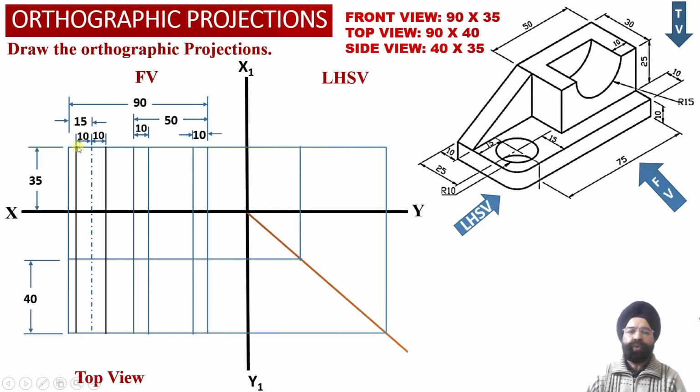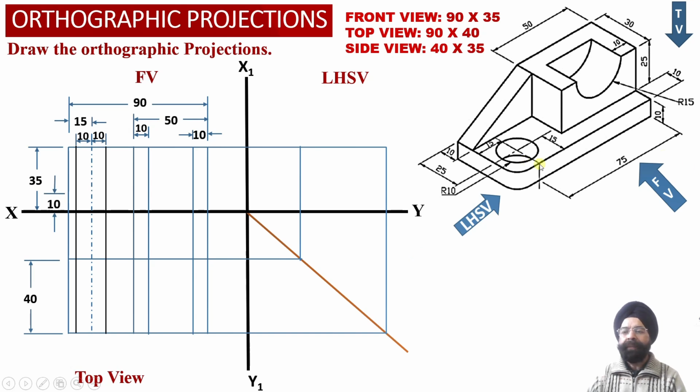With this 20 millimeter diameter, we have projected two black vertical projector lines into the front view projections, and these vertical projector lines we have appropriately extended into the top view projections as well.